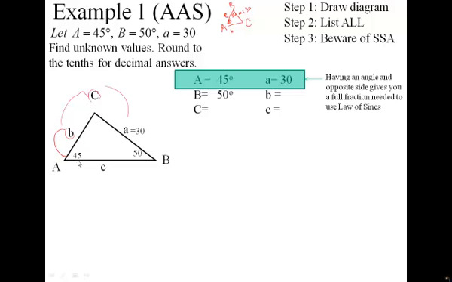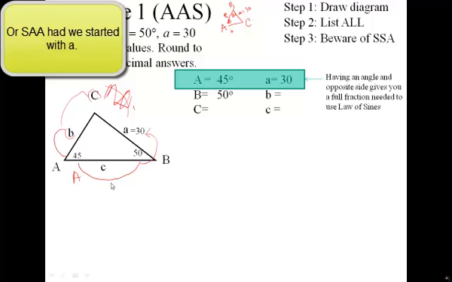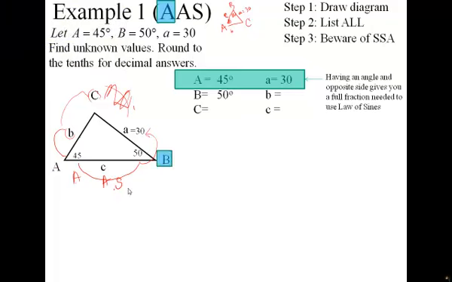We're going to go this direction, and observe that I did have to skip over 1 part. That's okay as long as it's not 2. So what we had was a known angle, another known angle, and a known side. We have AAS.